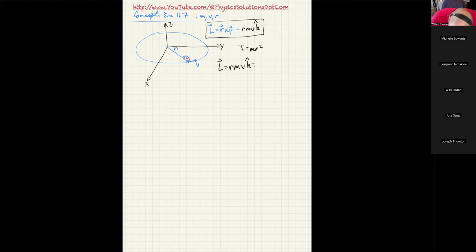I could also interpret that as r times m, and then remember v is equal to r omega, so that gives me r times omega times k hat, and that gives me m r squared times omega, and lo and behold, you see that that is I times omega there. So that's another way of interpreting the angular momentum of a mass m orbiting in a circle of radius r with a velocity v. Anybody have any questions on that?